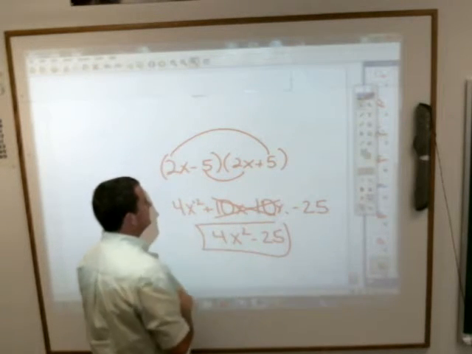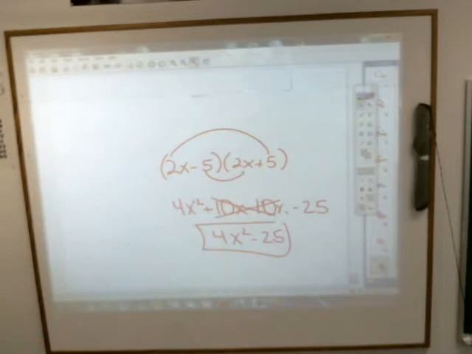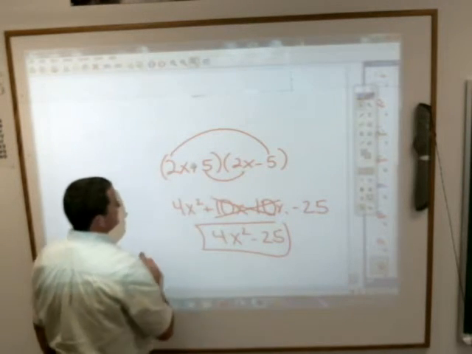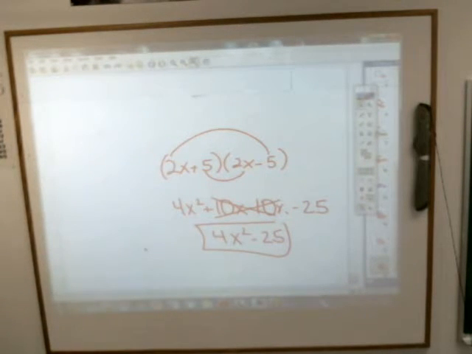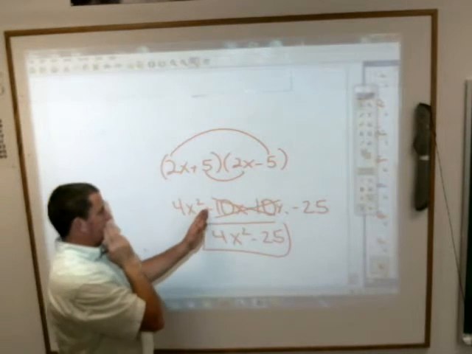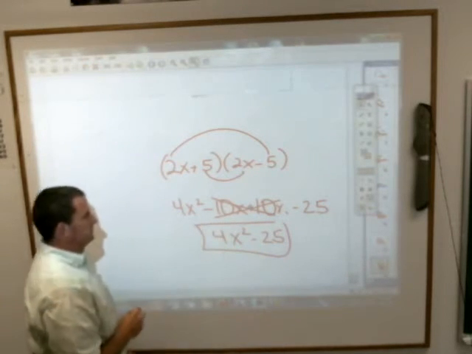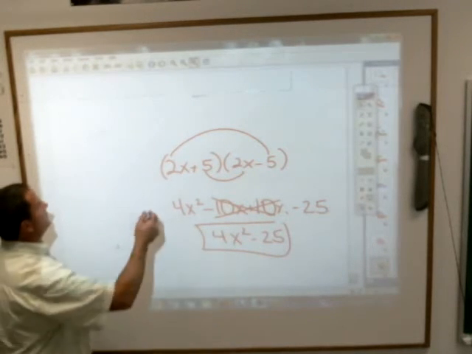The only difference would be that this one is supposed to be the minus and that one is supposed to be the plus. How's that?